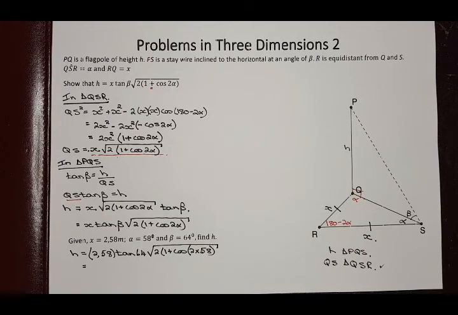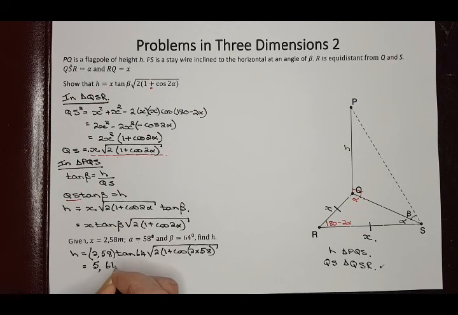Please just remember always when you're typing it into your calculator to close your brackets. Multiplied by the square root of 2 open bracket 1 plus cos of 2 times 58, close your bracket and close another bracket, equals, and our answer is 5,61. Again, our units of measurement are meters.